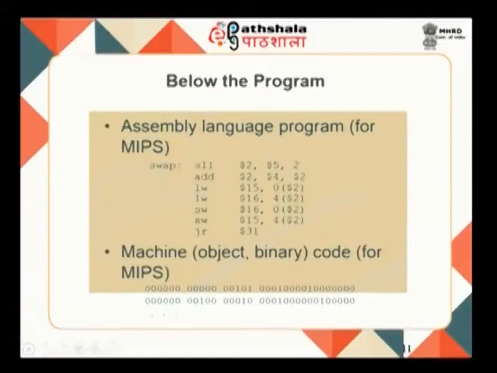So, this is the translation from your high level language to your assembly language and then your binary code. When we look at the instruction set and its features, we will see what will go into these zeros and ones, and how to interpret these zeros and ones as data or instructions or addresses, and so on.